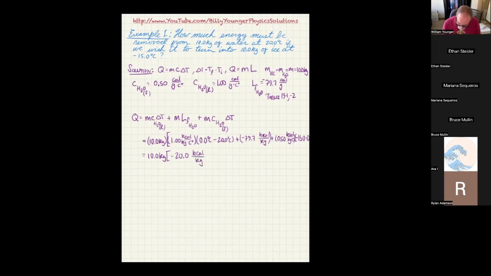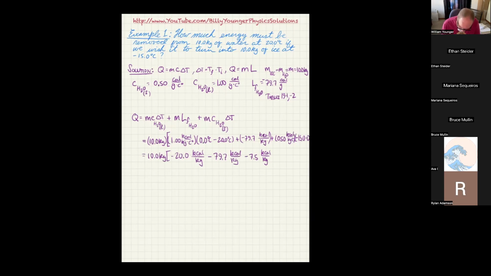Okay, so that's the first number. Actually, that's sort of the second number because the 0 already gave me a 0. Now I'll say minus 79.7 kilocalories per kilogram. And then finally, 0.5 times negative 15 is going to give me negative 7.5. So that's negative 7.5 kilocalories per kilogram. And then the 0.5 times 0 is going to give me 0.